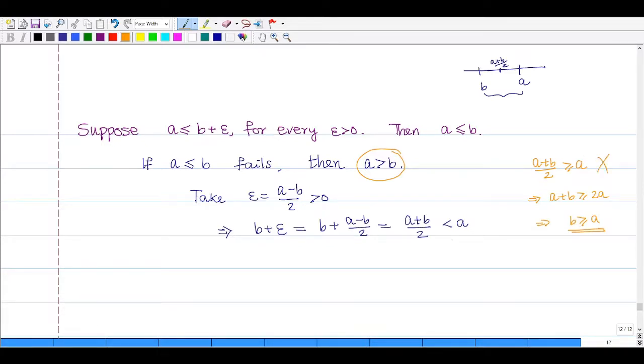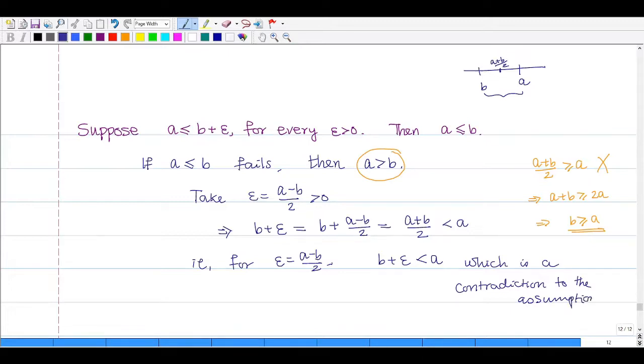So what is the only possibility? This fellow has to be strictly less than A, that is, for epsilon which is equal to (A minus B) by 2, this B plus epsilon is smaller than A, which is a contradiction to the assumption. What does the assumption say?